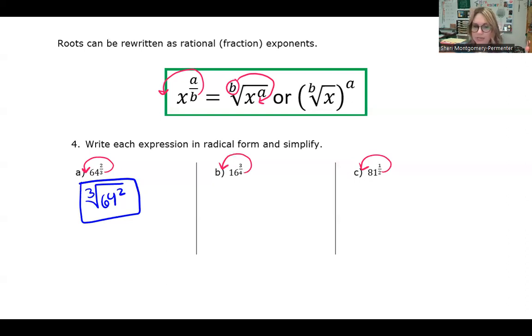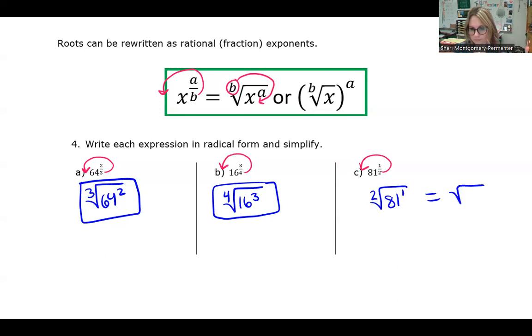All you're doing is rewriting. We're not doing anything else, just rewriting. Okay, that's our first step, is just a rewrite in radical form.